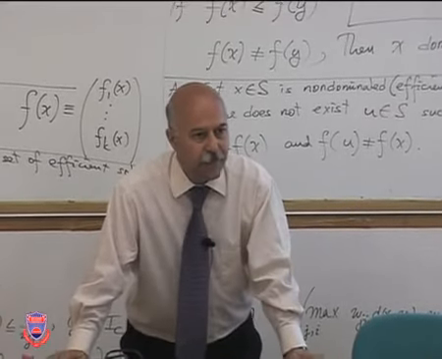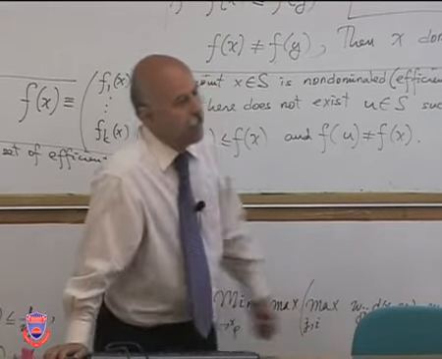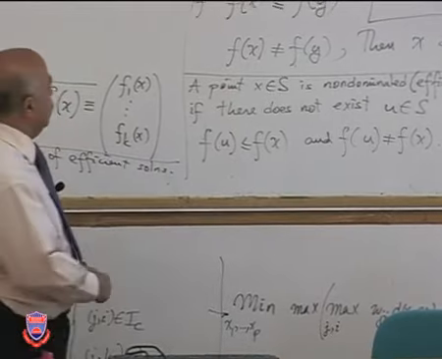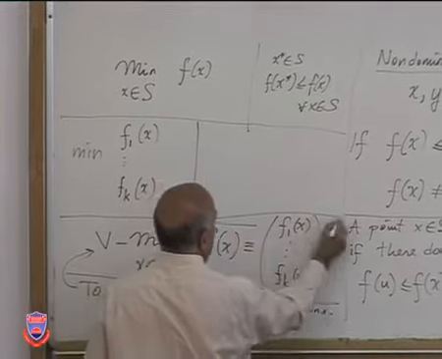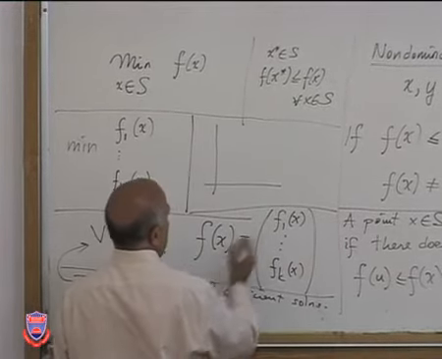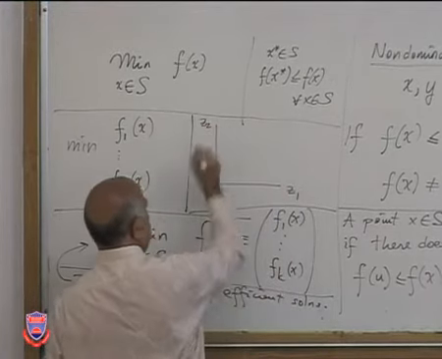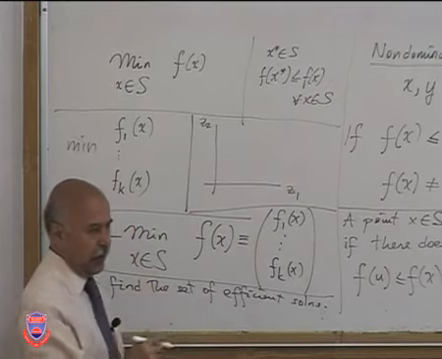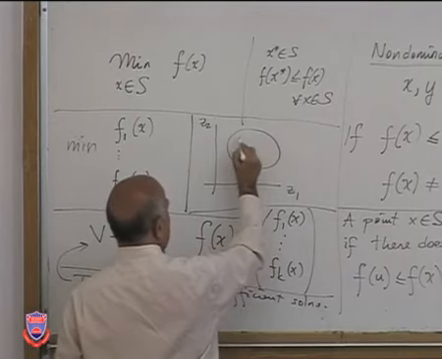Is it always possible to find such points, non-dominated or efficient? Yes, it is. For a 2 objective case, suppose this is the objective value for the first one, and this is the objective value for the second one. I'm looking at the objective space, not the point set. There could be many values here.